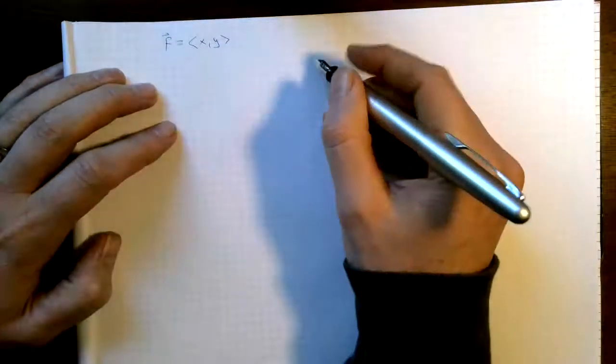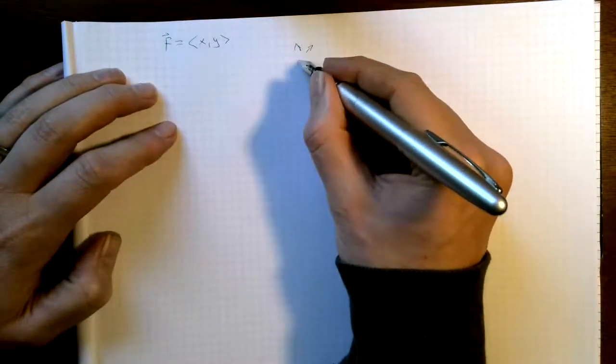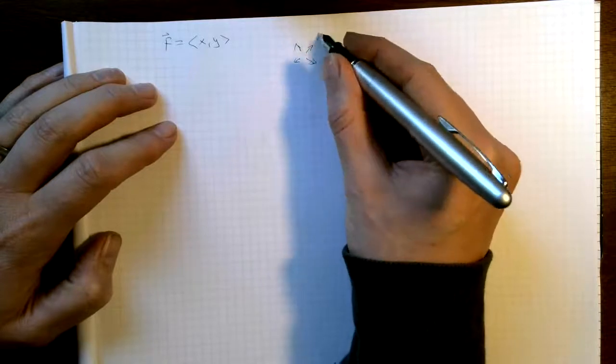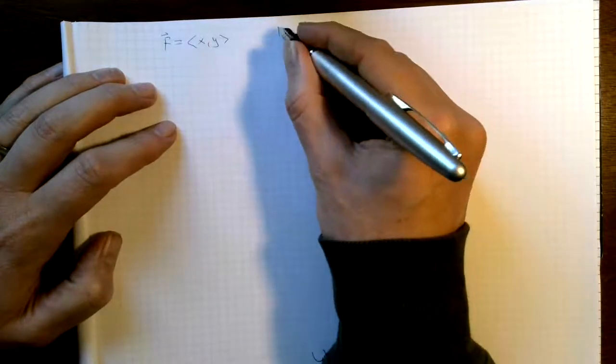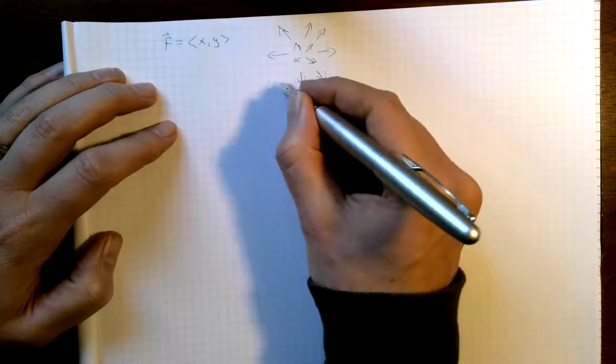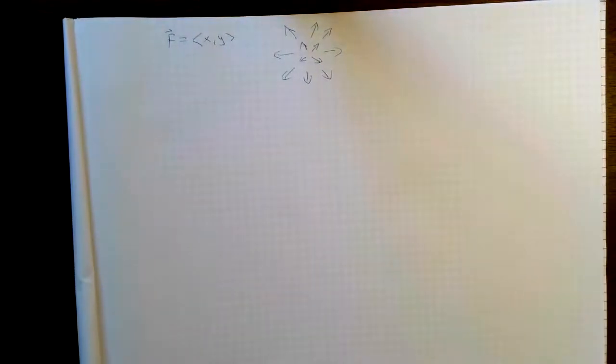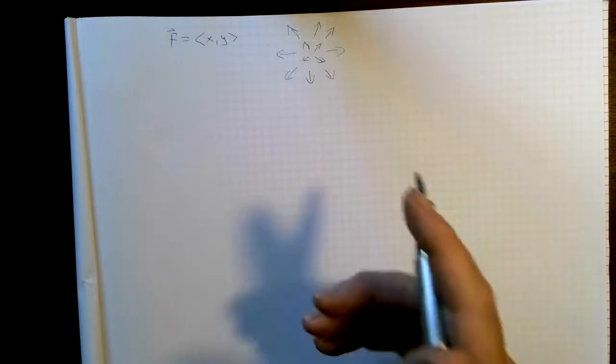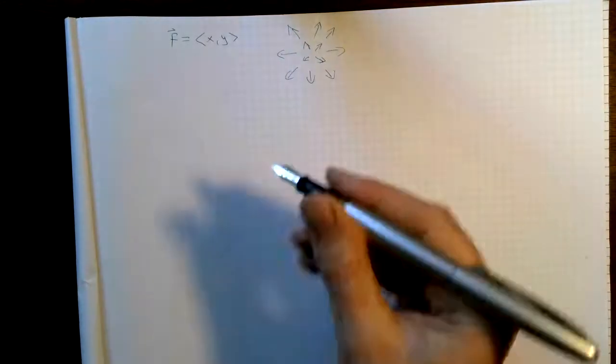This is a radial vector field, which just points outwards, and the further I am from the origin, the longer it is, the larger magnitude it has.